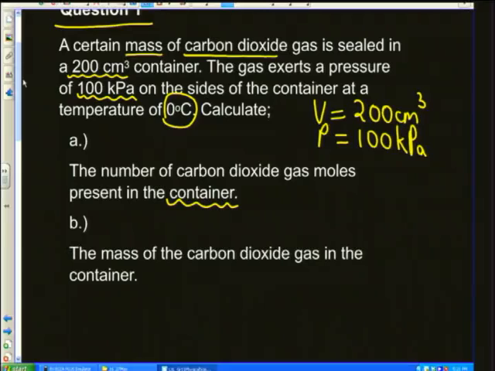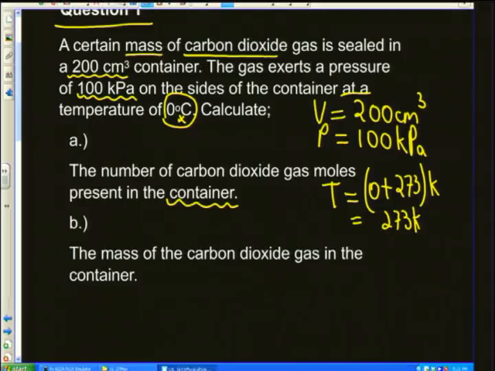We are also given the temperature in which the gas is kept. We are told that this is at a temperature of 0 degrees Celsius. Now remember that we don't use the degree Celsius scale, we use the Kelvin scale. So from 0 degrees, converting, you always add 273, and that gives you the Kelvin. So you've got 273 Kelvin. All right, so that is your temperature.